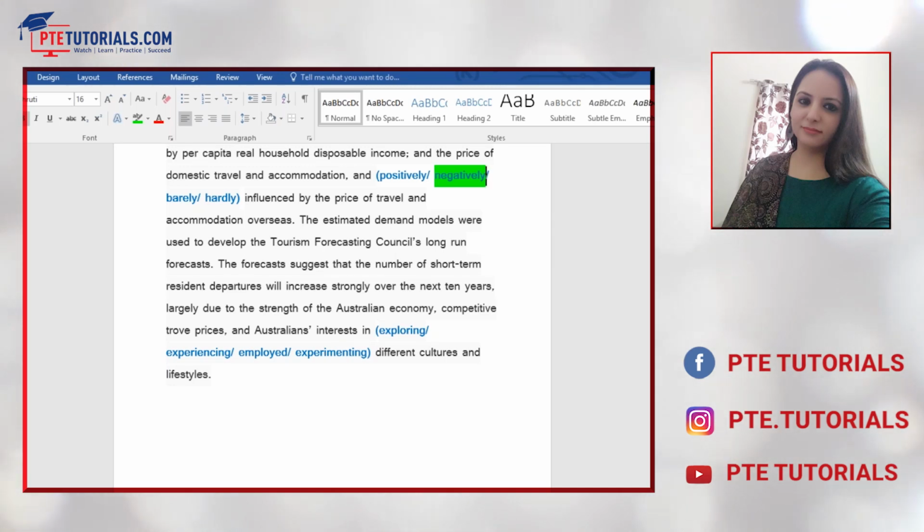What do you think? Employed, I cannot write. Employed should be used when I'm dealing with a paragraph about jobs, companies, etc. So now I'm left with exploring, experiencing, or experimenting.